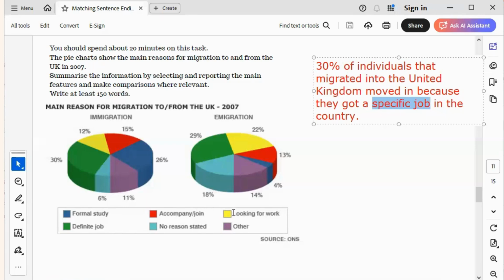Some people moved in because they came to look for work. Some people moved in for no clear reason. They did not state their reason. No reason stated. And some people moved in for other reasons. So we can call this one other, or other unspecified reasons, or for some other unspecified reasons.